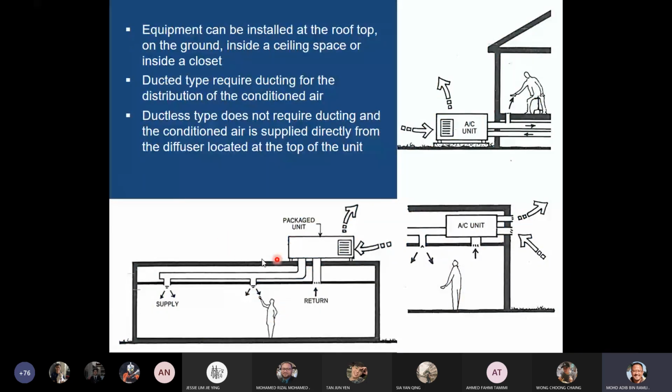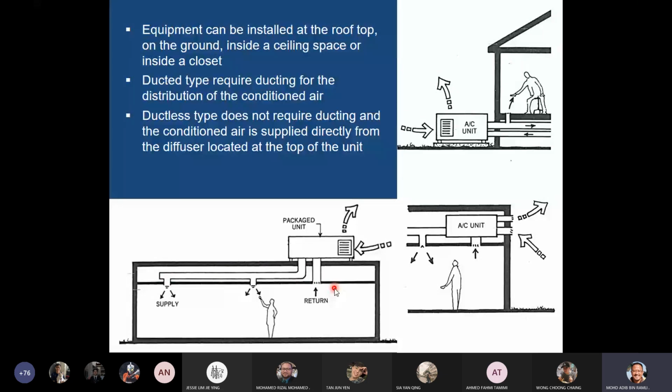Ducted type requires ducting for the distribution of the conditioned air. From the package unit, you connect the ductwork, and then you direct the cool air to the spaces.